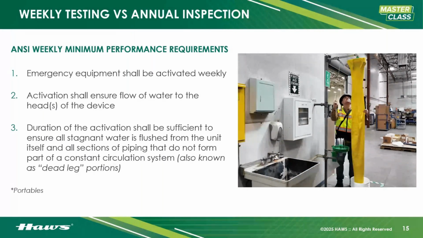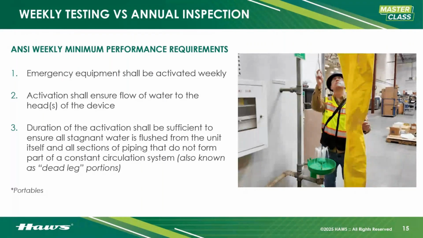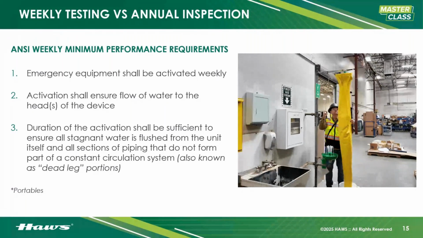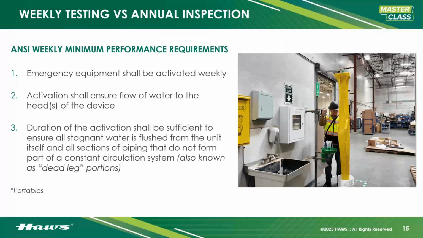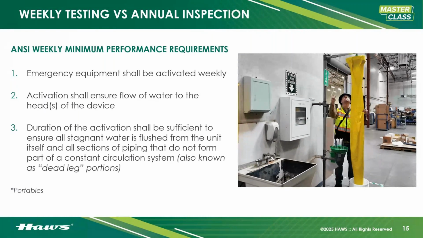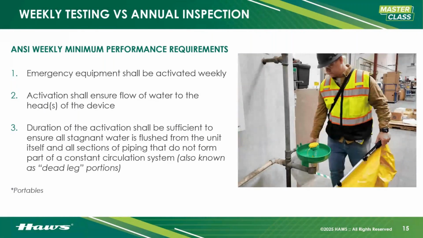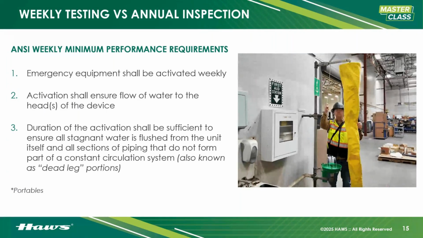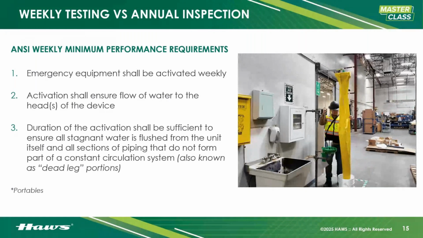If you're familiar with the length of that dead leg, it may take only a couple seconds. It may take maybe 30, I don't know, if it's a really, really long dead leg. Hopefully that's outdoors, so you can just let it rip and let it drain. Indoors, you're definitely going to want a test kit, but we'll talk about that.